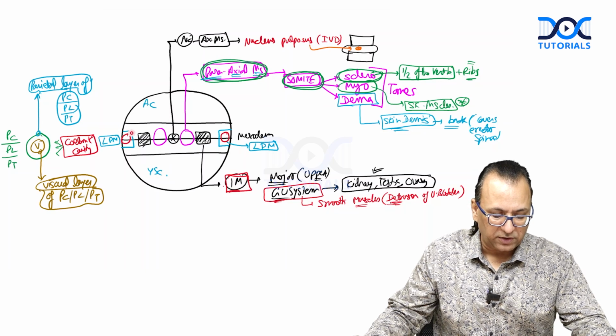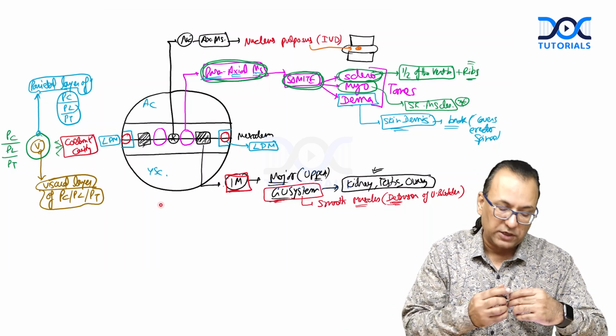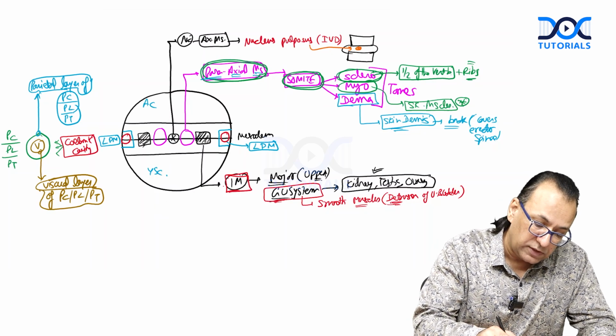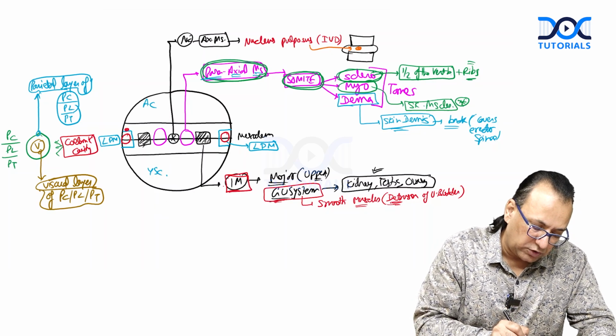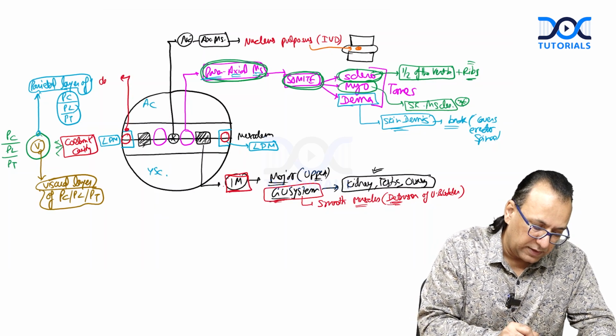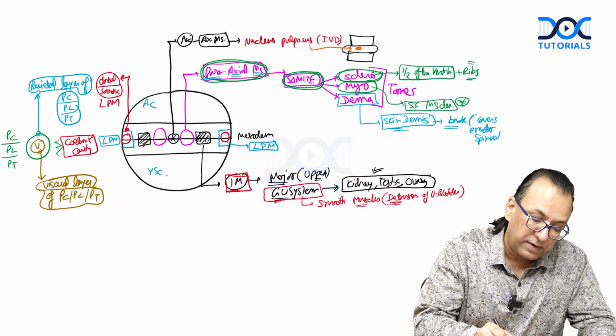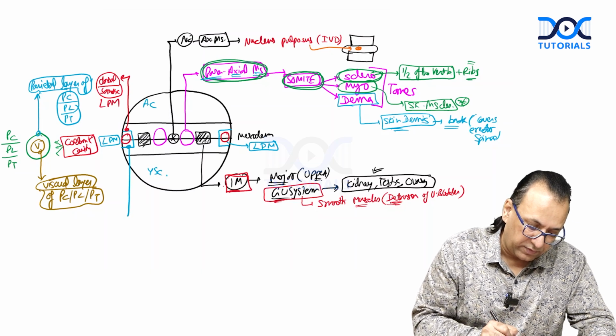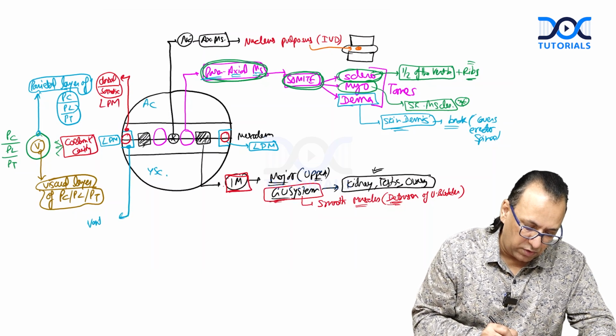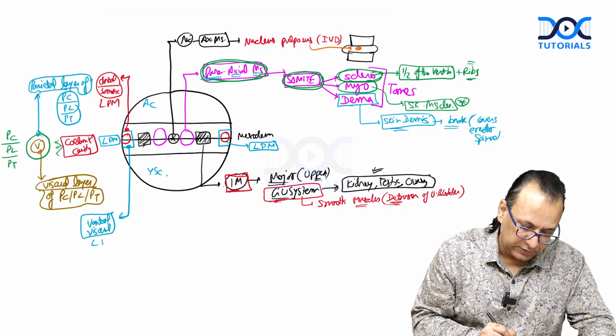Actually, lateral plate mesoderm will be divided into two parts now, which you can mention. You will see there is a dorsal somatic portion of the lateral plate mesoderm, and then you can mention there is a ventral visceral. This is going to be the ventral and visceral lateral plate mesoderm.